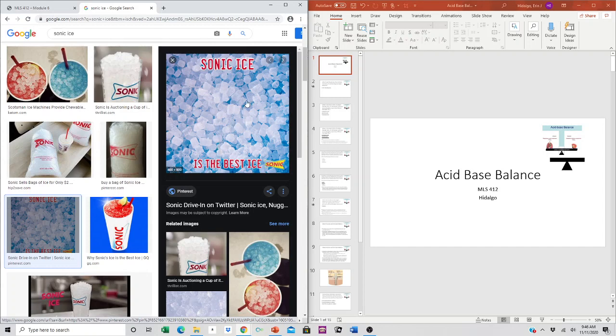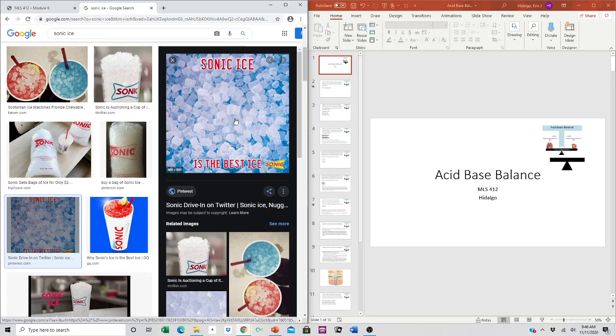Compared to cubes, if you put a syringe of blood into cracked ice, because it's so much smaller of ice, the ice will be able to condense and surround that syringe and cool the syringe the same all over. That's considered to be homogeneous cooling.